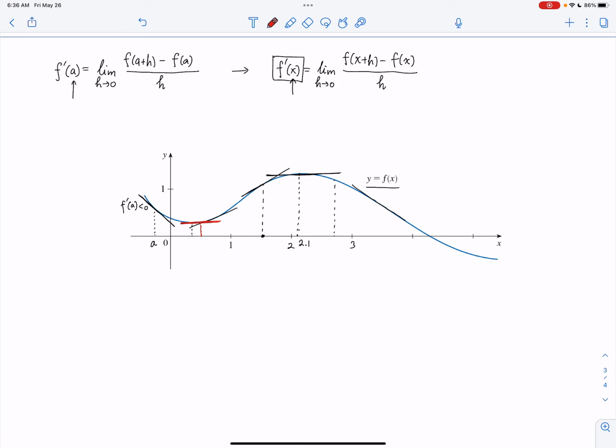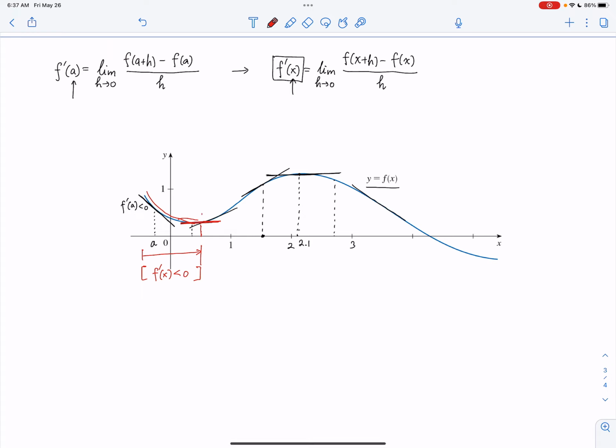So from here all the way to here, for all points within this interval, the curve goes downward, right? It goes like this. So it goes downward. That means the derivative is negative in this range.